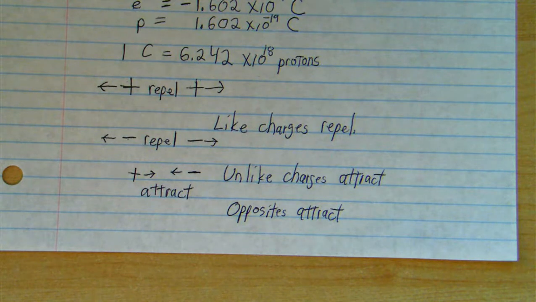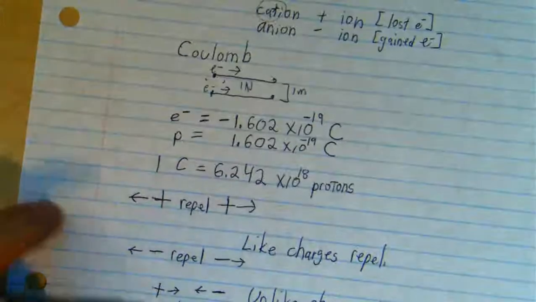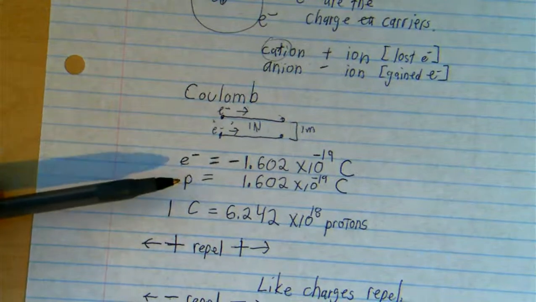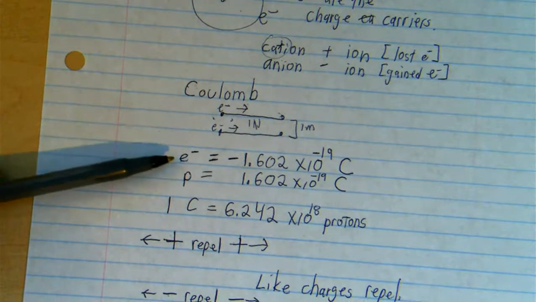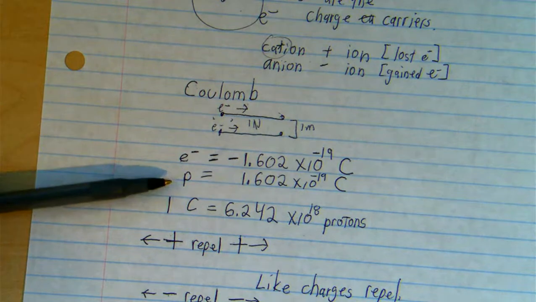This is the beginning of electrostatics. We have some physics unit to quantify how much electric charge we're talking about. Is it just 1 electron? Is it 1,000,000 electrons? Is it 10 gazillion protons?